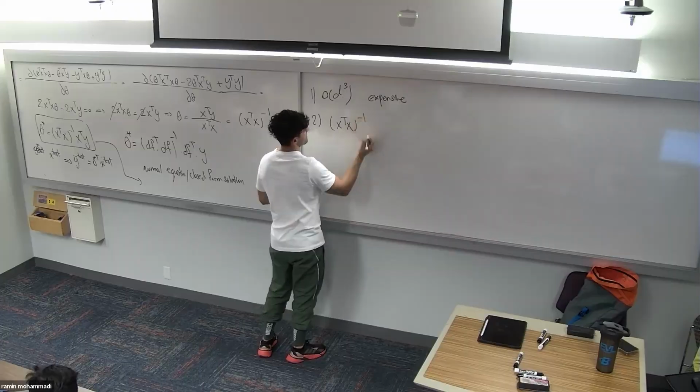If it's not full rank, then you cannot do an inverse. Then you cannot even solve that, right? So, expensive. X transpose X inverse should be full rank.